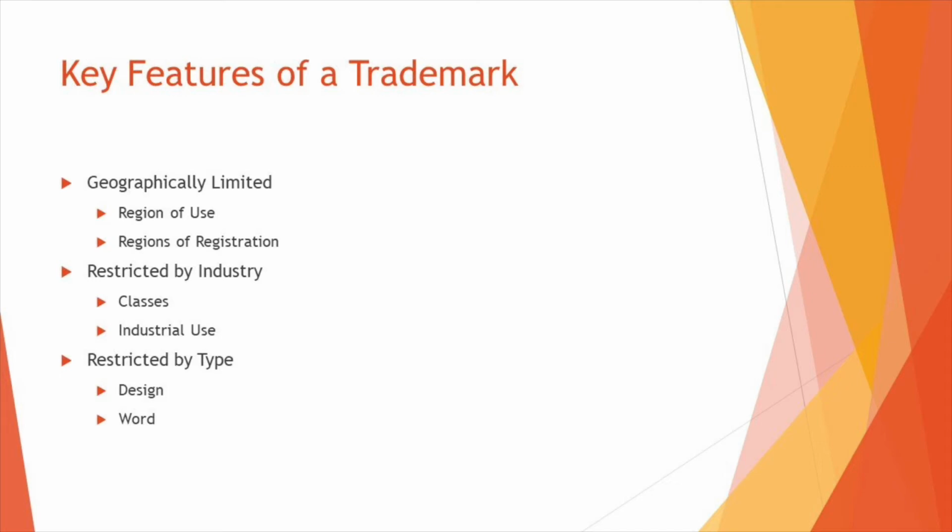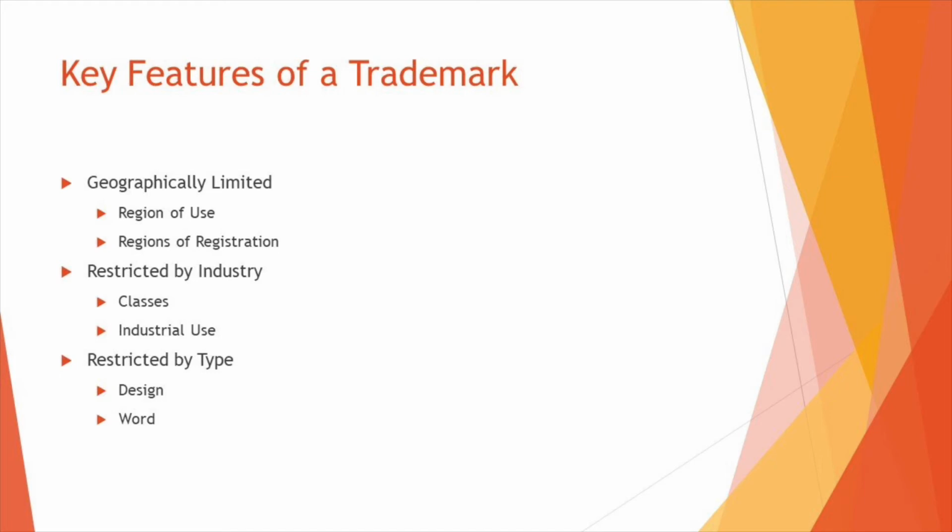And places where the trademark is neither used nor registered will not be obligated to honor the restrictions on use of the trademark. And in those regions, the design, the phrase, or the sign will be entirely open for use by others.